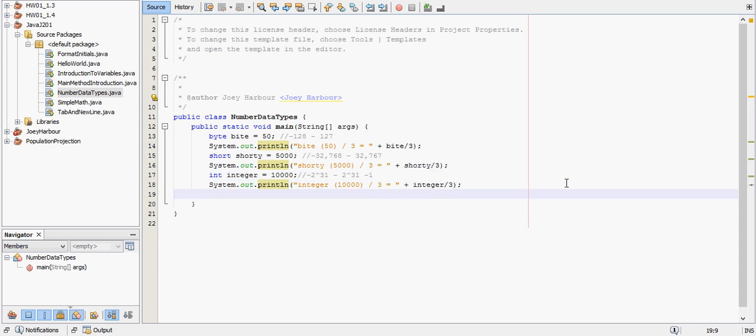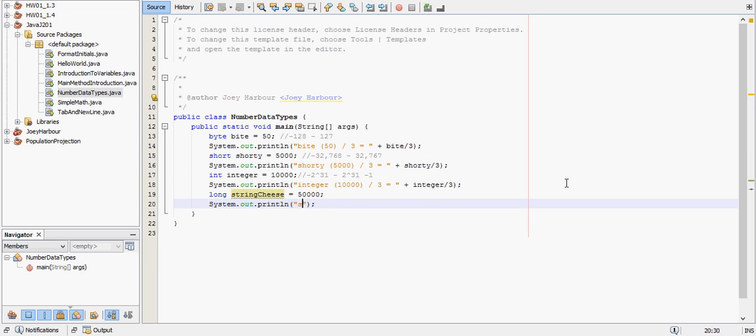So our next thing, we have a long. We'll call it string cheese, because that's always nice and long. We'll call that 50,000, system string cheese, which is 50,000 divided by 3 equals.